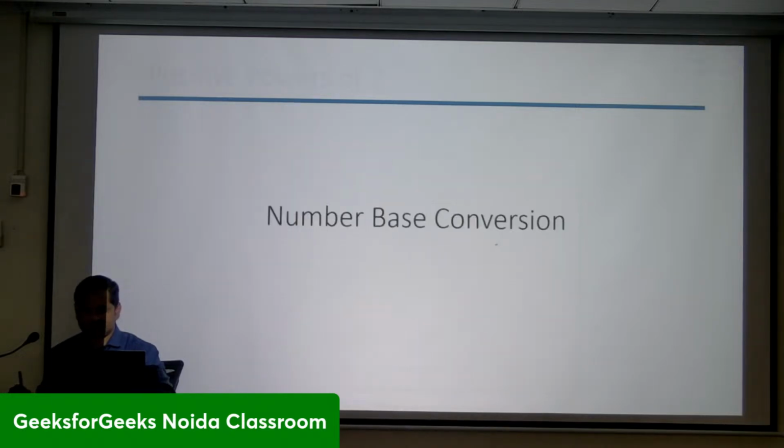All right. So number base conversion, like we have some familiar things, like we have binary, we have decimal, we have octal and hexadecimal. What if we have a number in base k to be converted into base r? k and r are entirely different from these four.